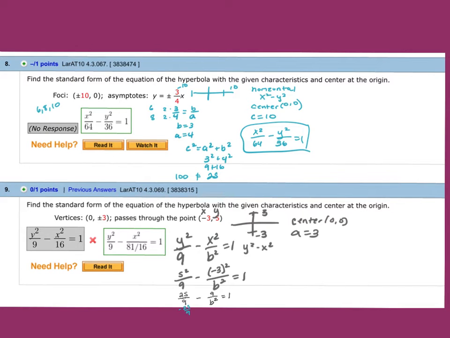Subtract the 25 over 9, negative 9 over B squared equals, this would be 9 ninths, negative 16 ninths. Cross multiply and I get negative 81 equals negative 16 B squared. Divide both sides by negative 16. B squared is 81 over 16.